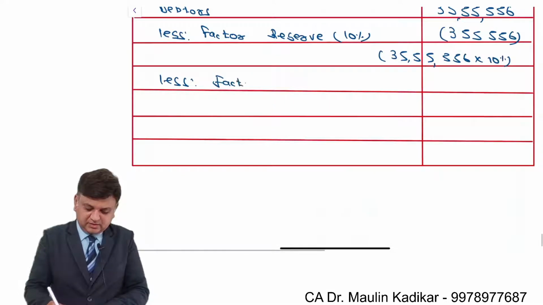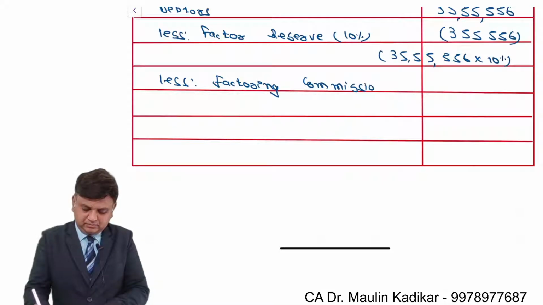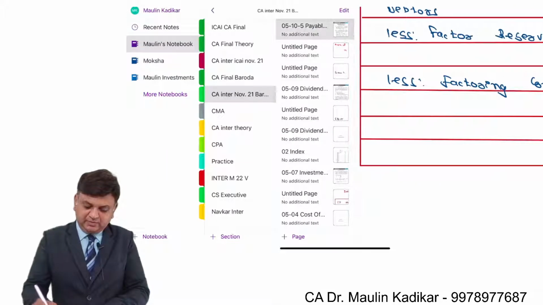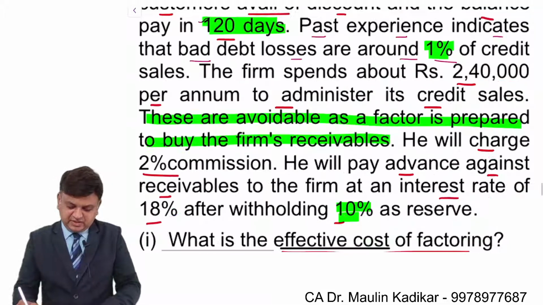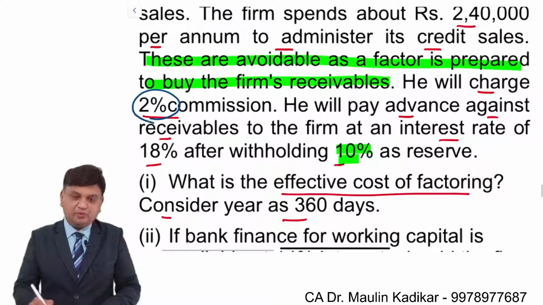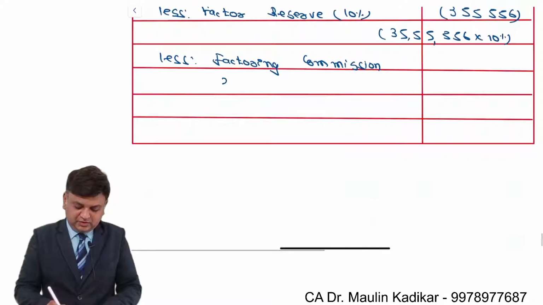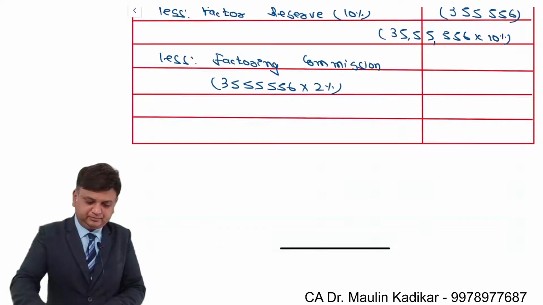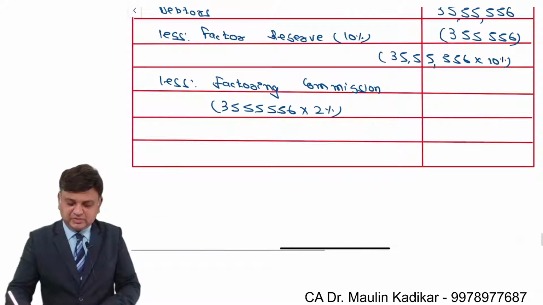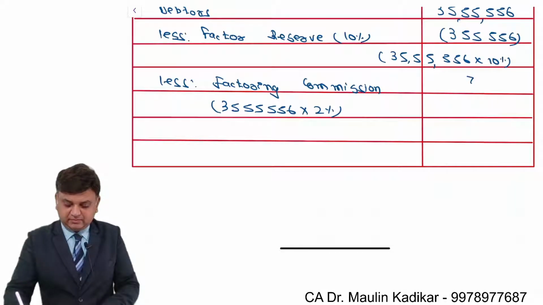Less factoring commission, we have been provided with the information that the factoring commission is at the rate of 2%. So 35,55,556 into 2%, that comes to 71,111.